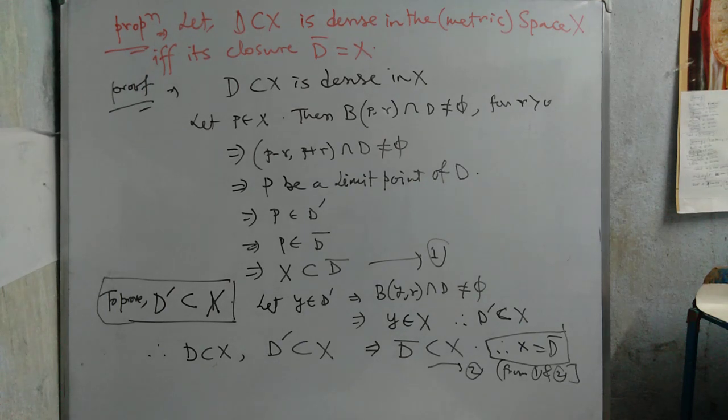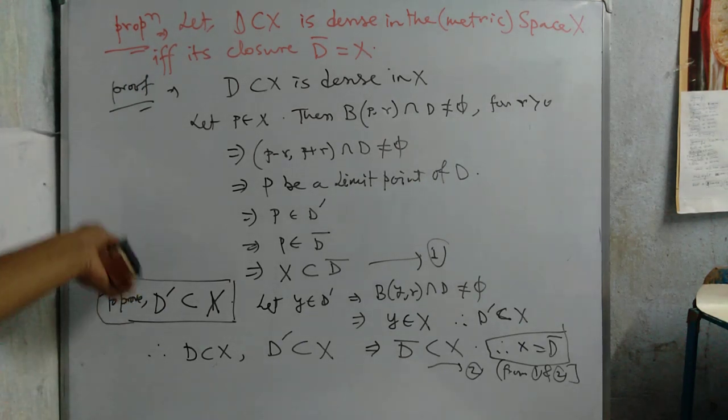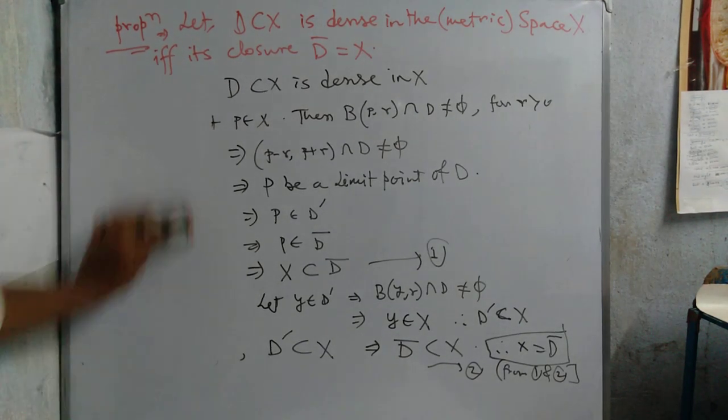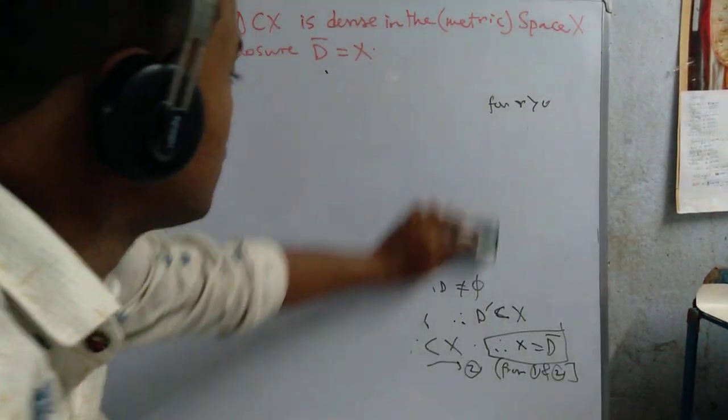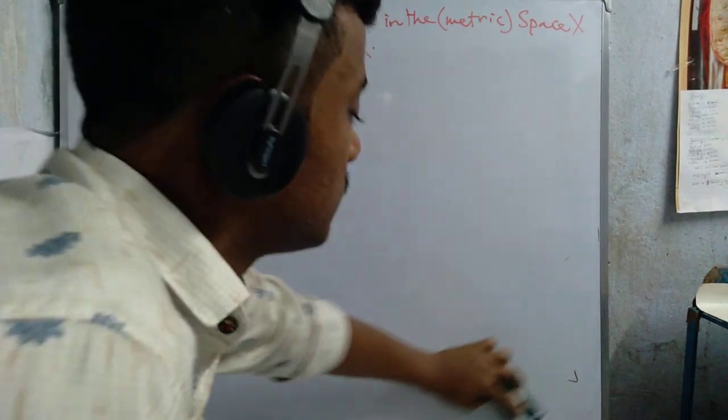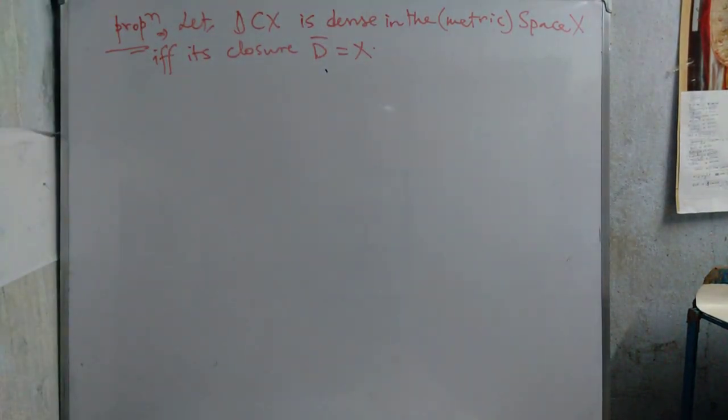Next we prove the converse part. We erase that portion and go into this converse part. How do we discuss that?